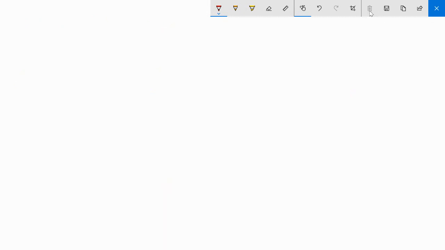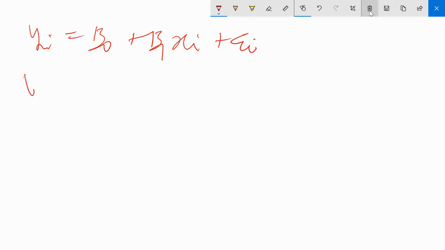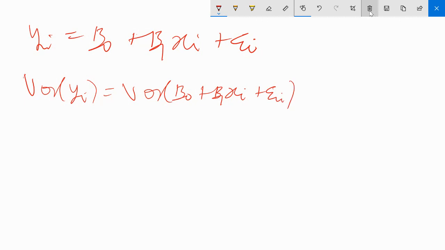So now let's look at the variance of the model, which is yi = beta 0 + beta 1 xi + ei. So the variance of this is equal to the variance of y, and our y, we know, is equal to beta 0 + beta 1 xi + ei.